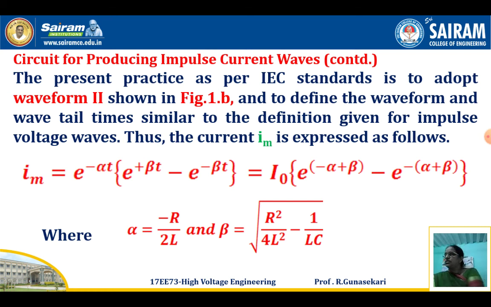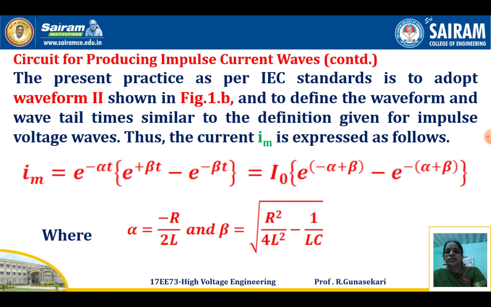This is a reverse. Before, we studied waveform 1, that is the damped oscillatory waveform, where alpha equals R by 2L but omega equals the square root of 1 by LC minus R squared divided by 4L squared.